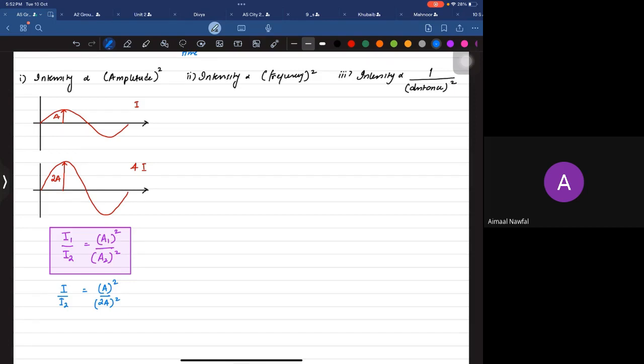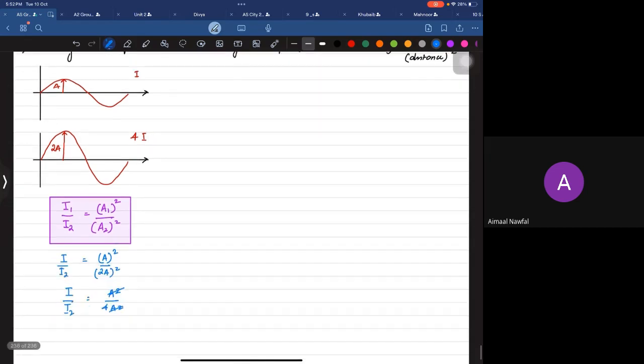Now, if I open this up, it's going to be intensity 2. It's going to be A square over 4A square, because 2A square is 4A square. So A square and A square cancel out. What you get is intensity over the second wave intensity is 1 by 4.